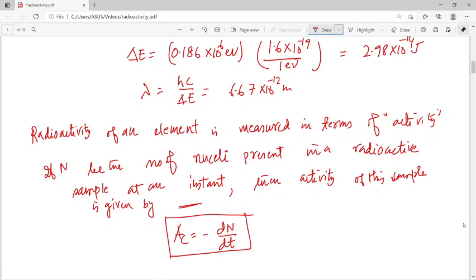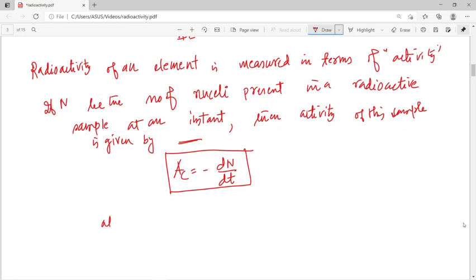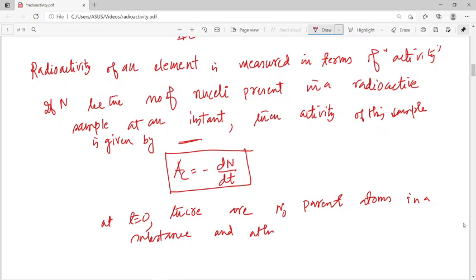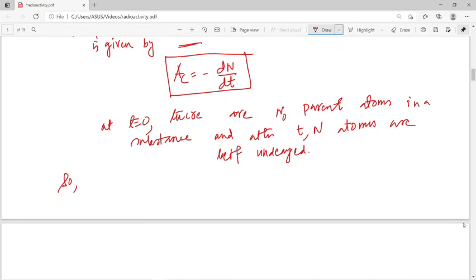And what is the fundamental law of radioactivity? If we consider that at t equals 0 there are N naught parent atoms in a substance, and after time t, N atoms are left undecayed, then from t equals 0 to t, N naught minus N atoms have decayed to their daughter element.